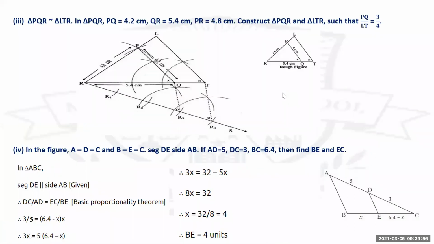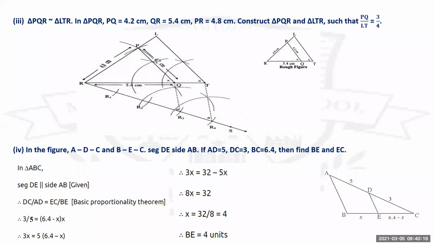Now check. Draw. See, triangle PQR is similar to triangle LTR. In triangle PQR, PQ equals 4.2, QR equals 5.4, and PR equals 4.8.